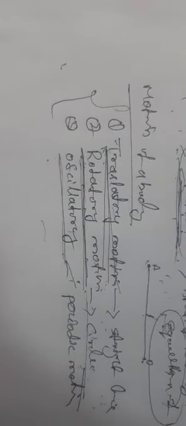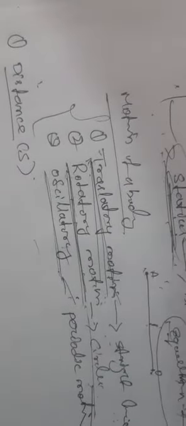These are the physical quantities of the motion of any particle. Let us study them one by one. The first physical quantity is distance. It is represented by the symbol S.